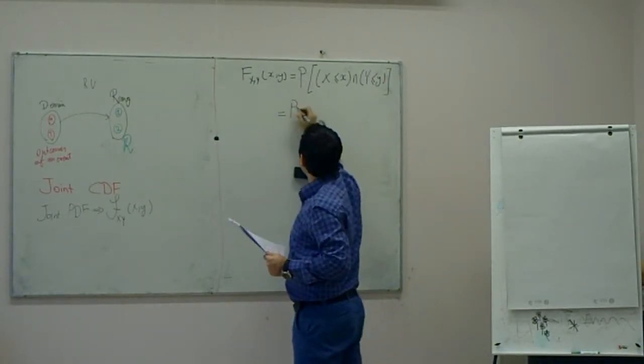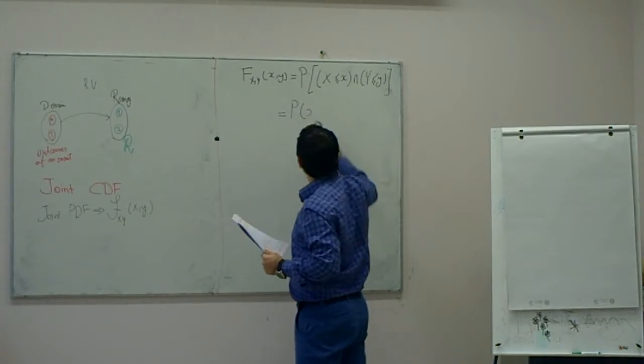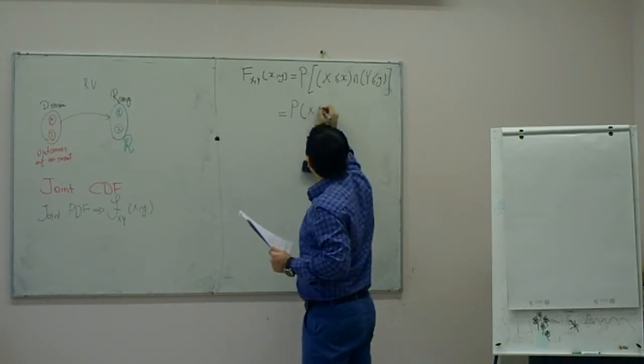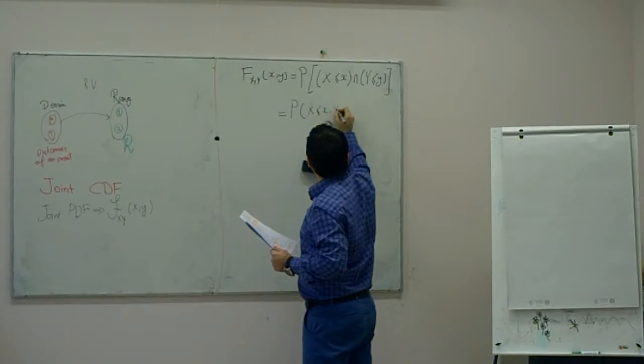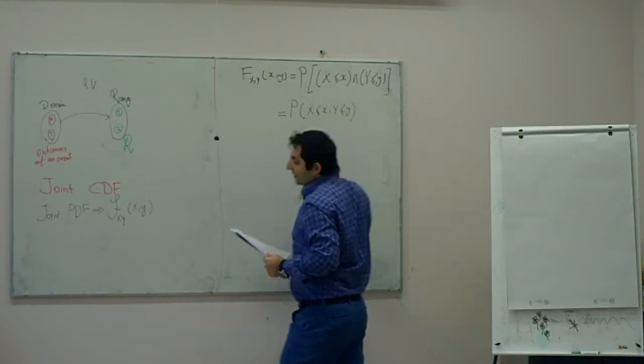Or in short, we write it as P of X less than or equal to x and Y less than or equal to y.